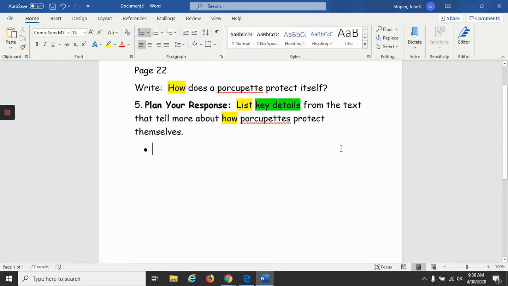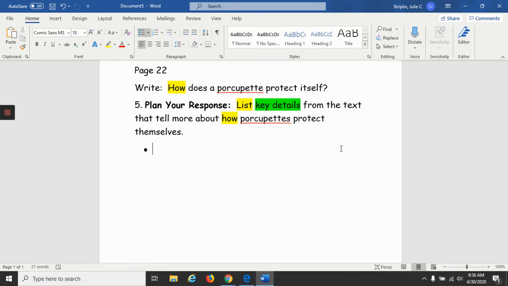I made sure those are highlighted in green because those are important words. That's what you're looking for in the text. Key details only means what is important. What are the most important things in the text? But we're going to narrow down to be specific to one question.